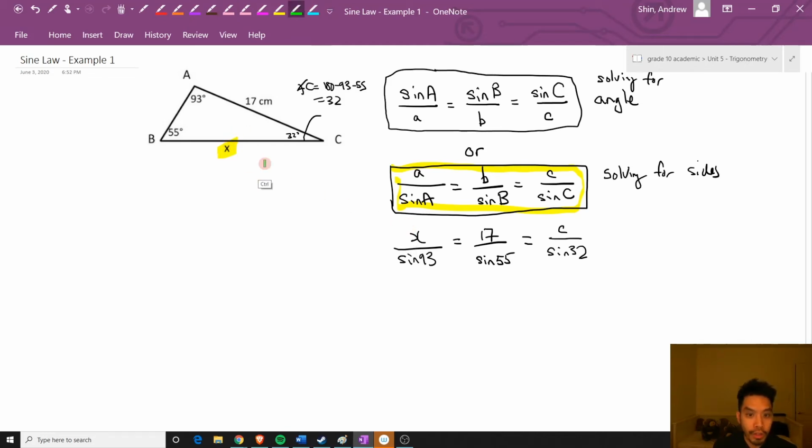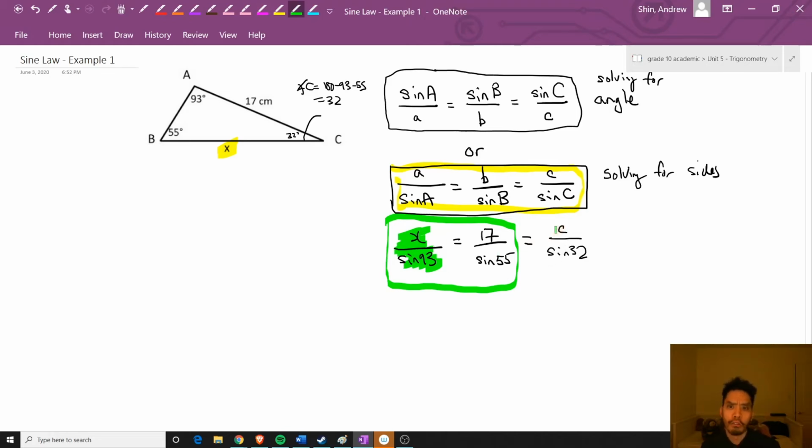I'm going to choose the one they want. They want to solve for x, so I'm definitely choosing this one. And I'm also going to choose this one, because it has no unknowns. When you choose these two together, I can solve for x. If I chose this one and this one, I'd have two unknowns, x and c, and I couldn't solve for x because I don't know what c is.